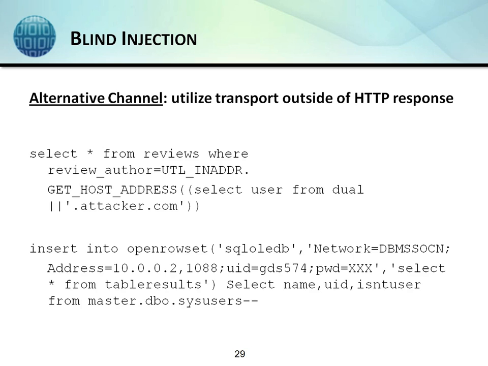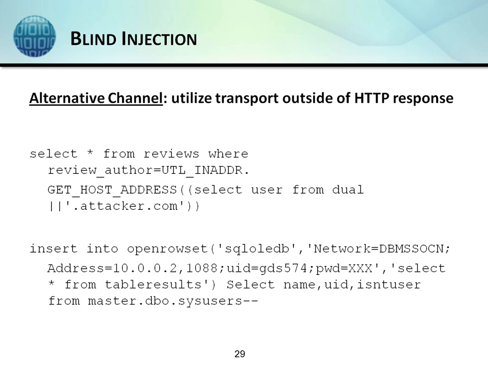The get host address call is going to run a DNS query for attacker.com, and if we own that DNS server, we can sniff the DNS queries and start getting the query results. So this is a neat way to get data from the database server if you're not getting anything at all back in the browser.